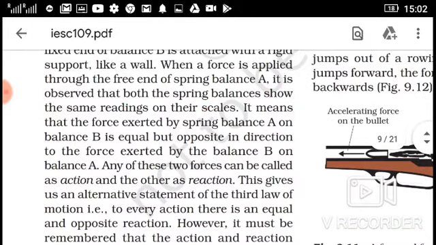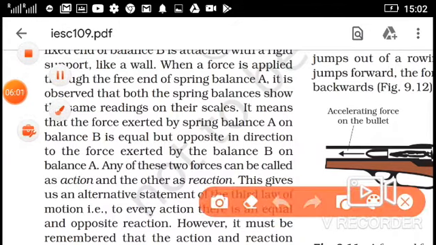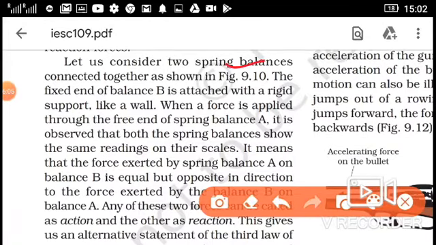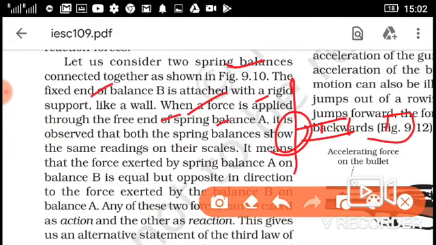The fixed end of balance B is attached to a rigid support, like a wall. When a force is applied through the free end of the spring balance, as someone pulls this spring balance, both being attached, it is observed that both spring balances show the same reading, meaning they are applying the same force.